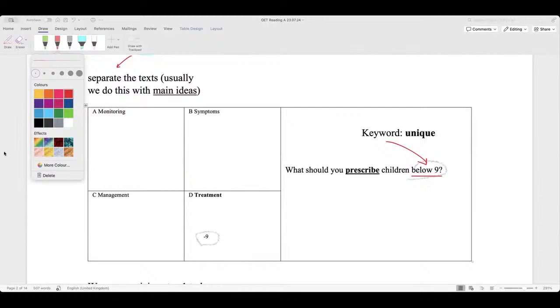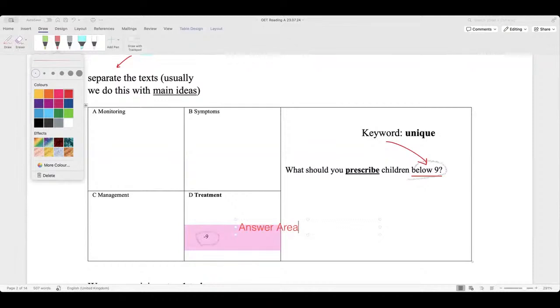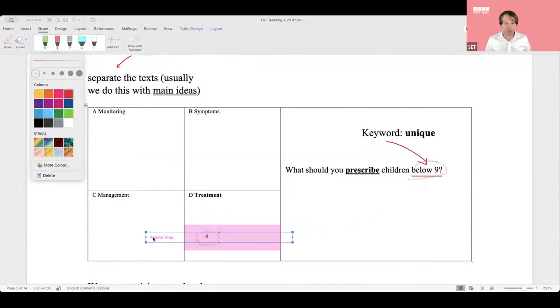Will the answer be near to the keyword? Maybe 2 lines under and above the keyword. I just call this the answer area. Is that clear, everyone? Yes. Of course, the answer is near to the keyword.